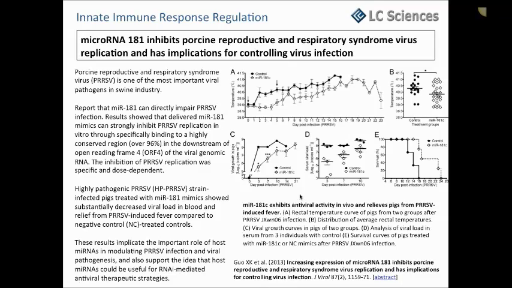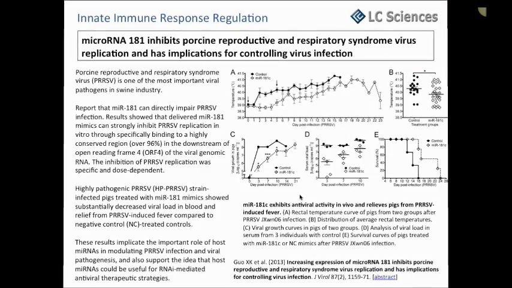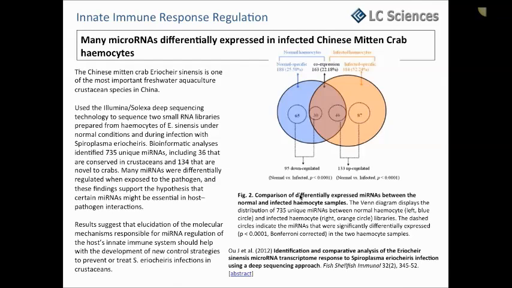So this is clearly showing that microRNA 181 is playing an important role in the host's microRNA response to PRRSV, and that this might be a good target for antiviral therapeutic development.